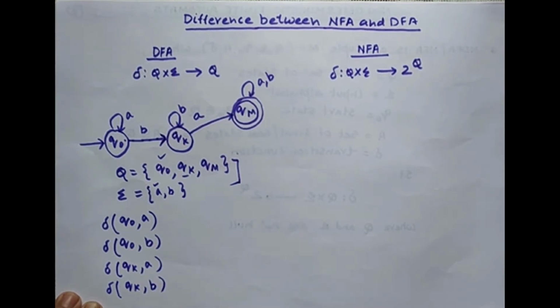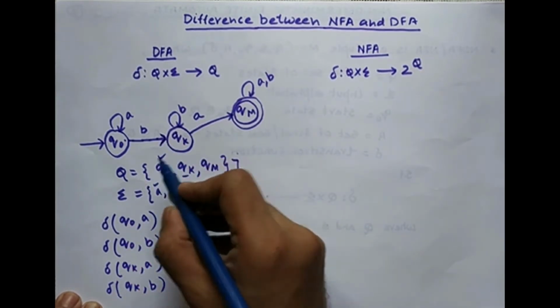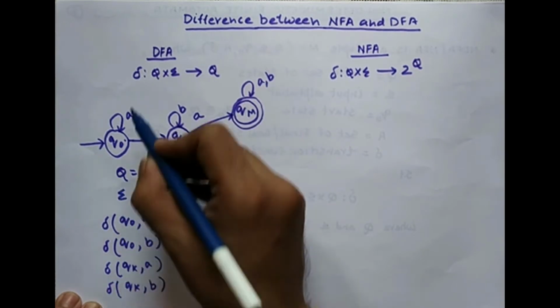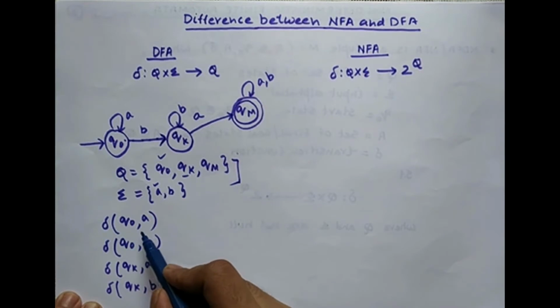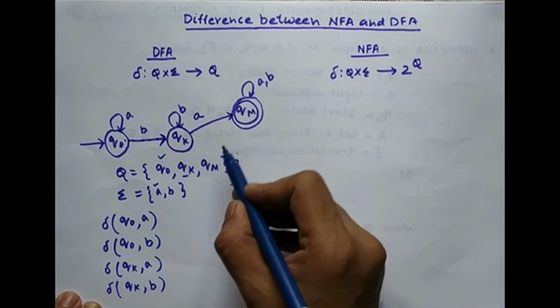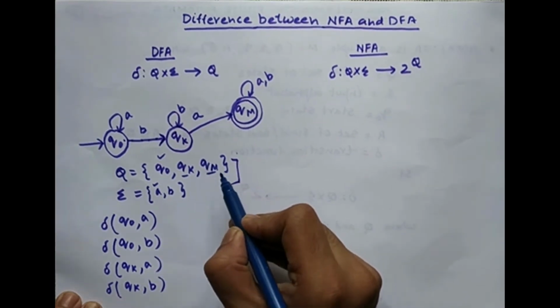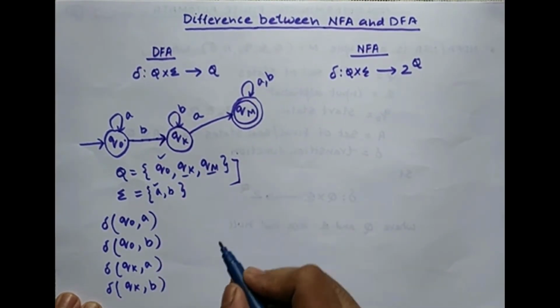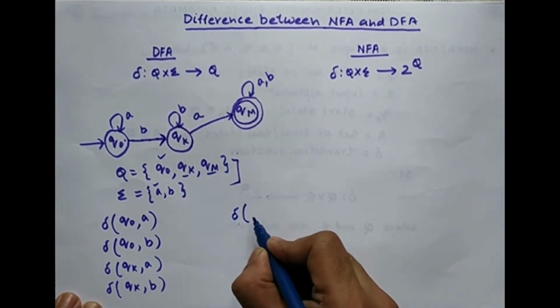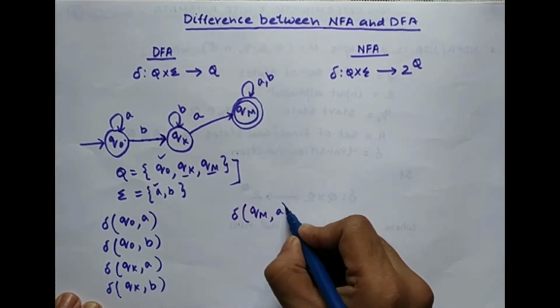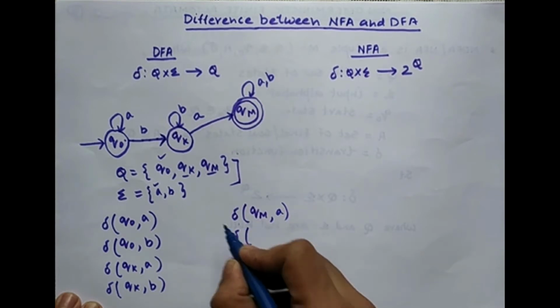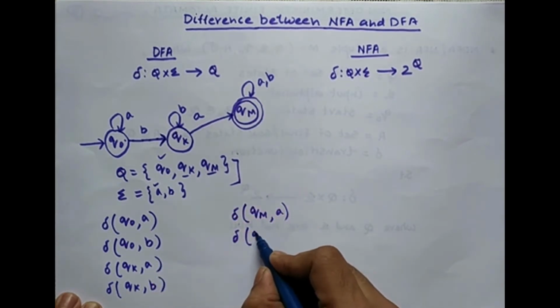So I'm just finding the cross product between Q and sigma, and you get these transitions 2, 3 and 4. Now what is left is the last element of the first set with the first and second elements of the second set. For that, delta of qm comma a will be one transition, and delta of qm comma b will be another transition.